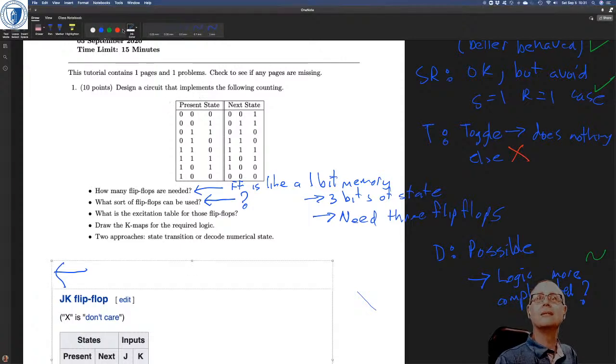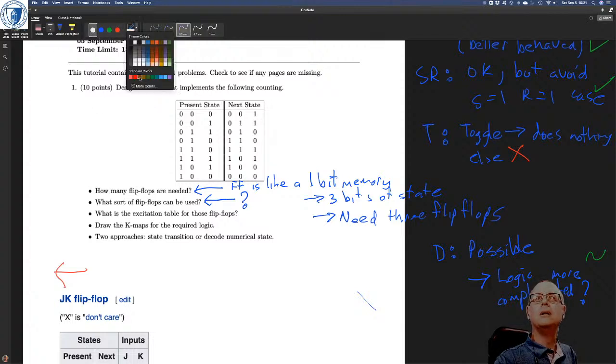Let's get a different color, orange is good. So this is the present state. Let's call it Q2. This is the present state for Q1.